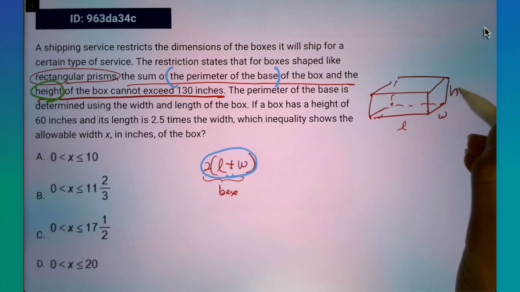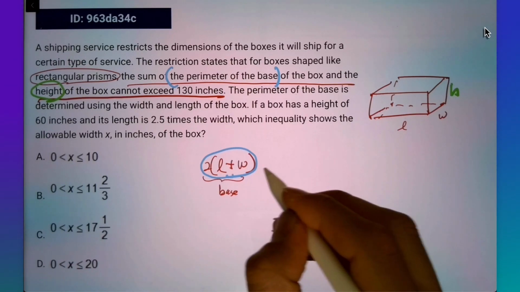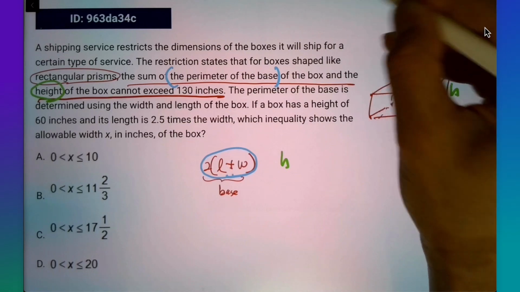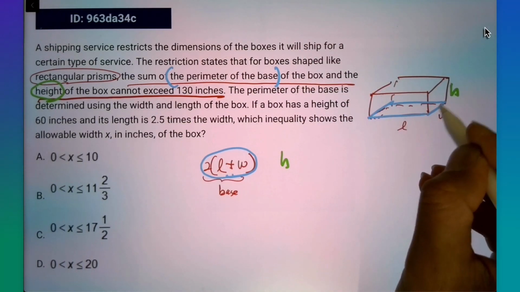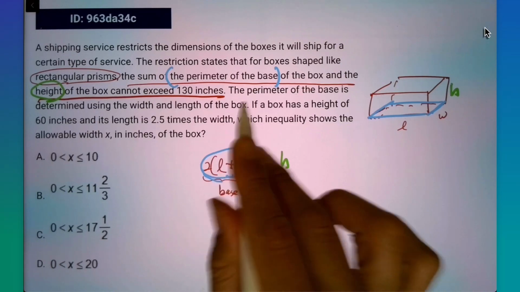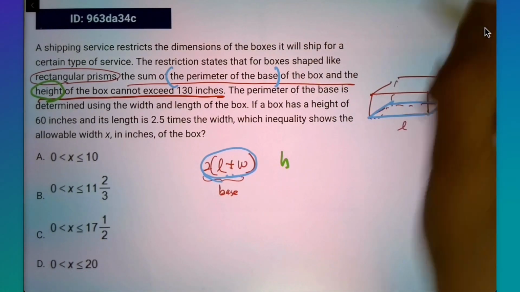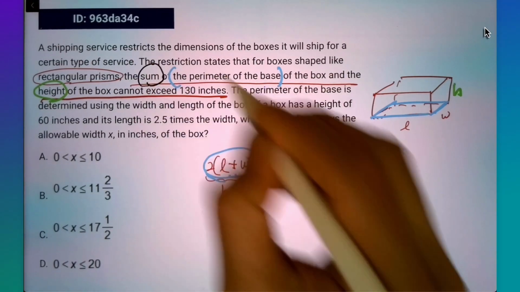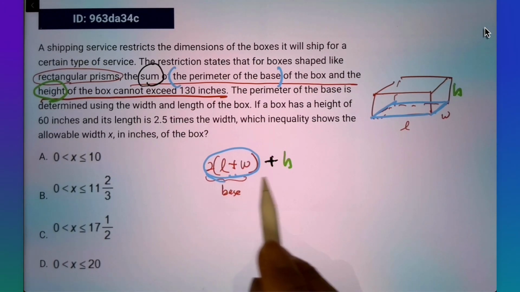The height of the box should be h. I'll also make this the base of the box, so you can see how colors work here. And we add this, or that's what the sum is. We're adding the base of the box and the height.